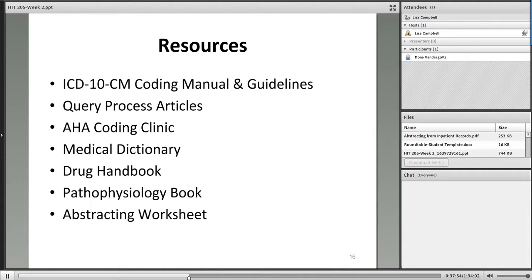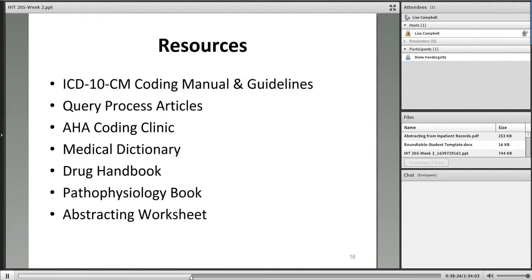Your pathophysiology book is important because you need to go back and review the different diseases, the signs and symptoms for that disease. You need to know the different diagnostic tests that they perform, whether it's blood or urine or x-rays. You also need to know how certain conditions are treated, whether it's a medication or whether it's surgery.